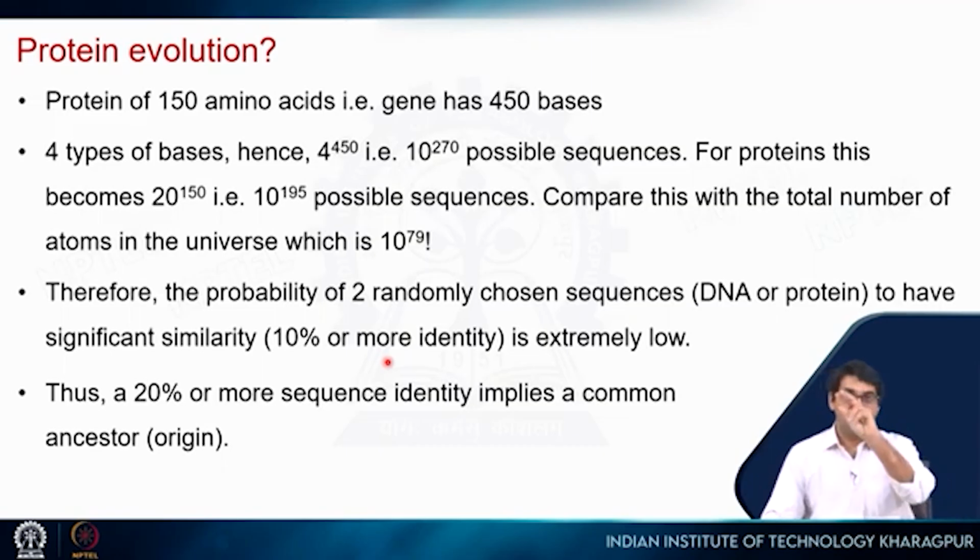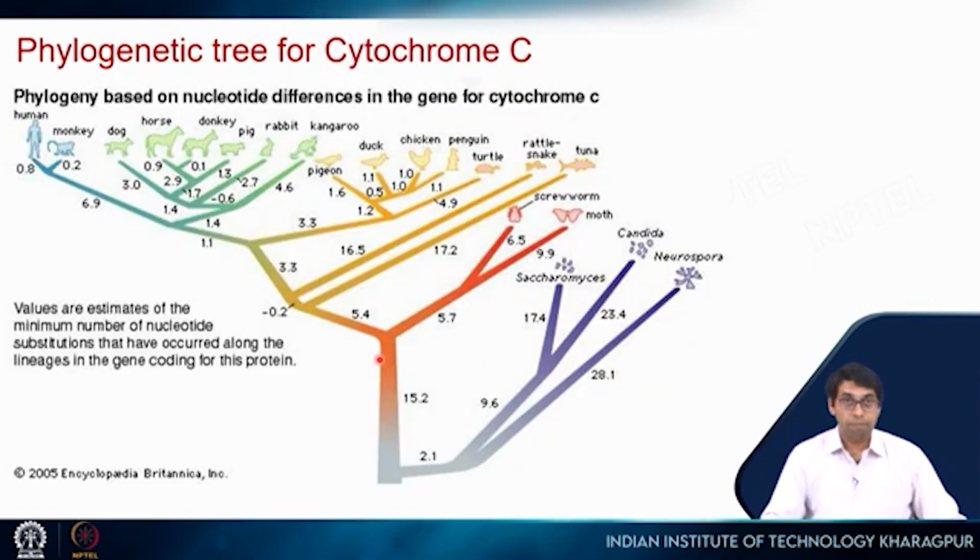So, there was some common protein in the past and then it diverged, accumulated mutations, and then after several million years, we are looking at these two proteins and the sequence identity between those two proteins is 10% or 20%, then you know that these two proteins originated from the same common ancestor. So, this is something that we use for creating something called a phylogenetic tree and also measuring time in the past, so evolutionary time.